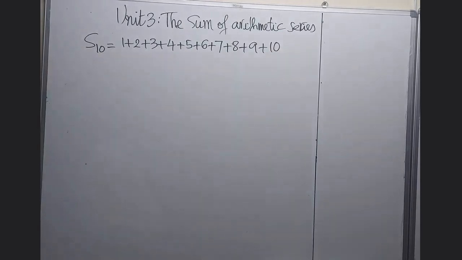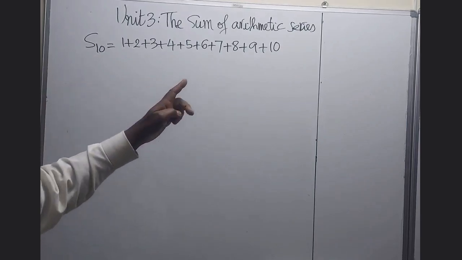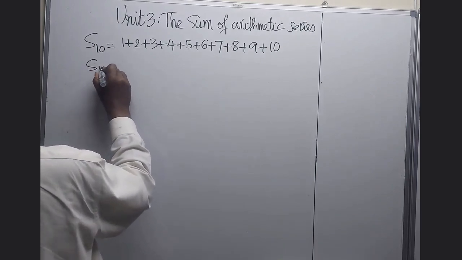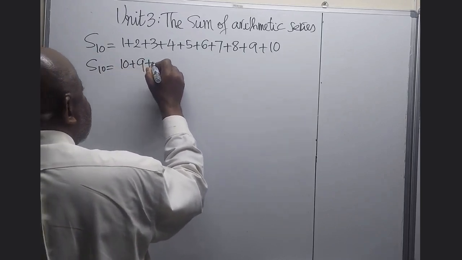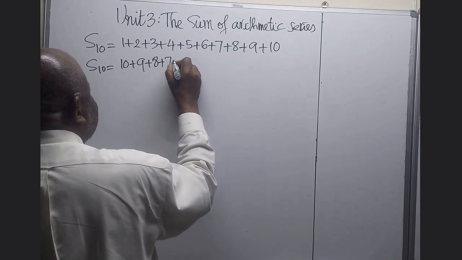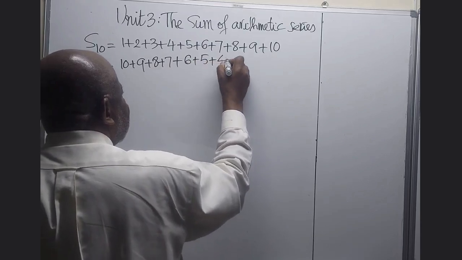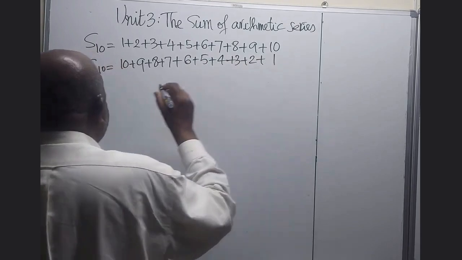I'm going to consider the very same series, but now I will start from the last term. We'll have that S10 will be equal to 10 plus 9 plus 8 plus 7 plus 6 plus 5 plus 4 plus 3 plus 2 plus 1.